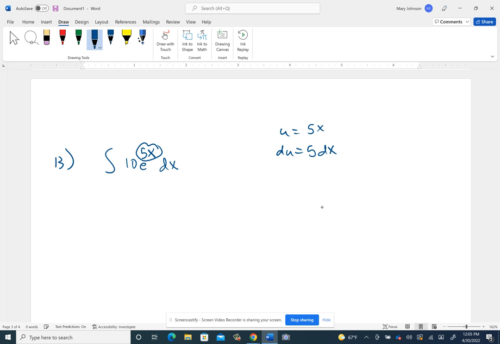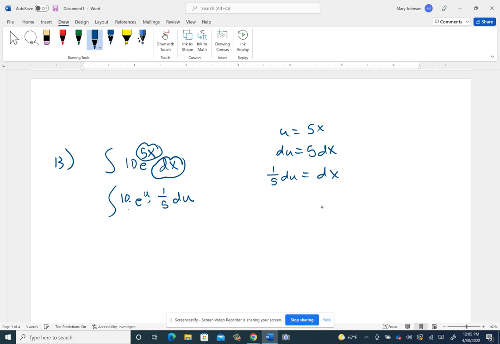Okay. Now this one, if you're developing some understanding of this, you can be a little less formal. So you could have put in place of the dx a 1/5 du. Okay, you already had this 10 over here. So now we got everything in terms of u.